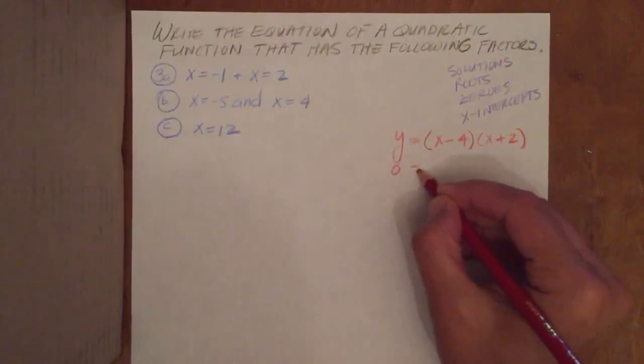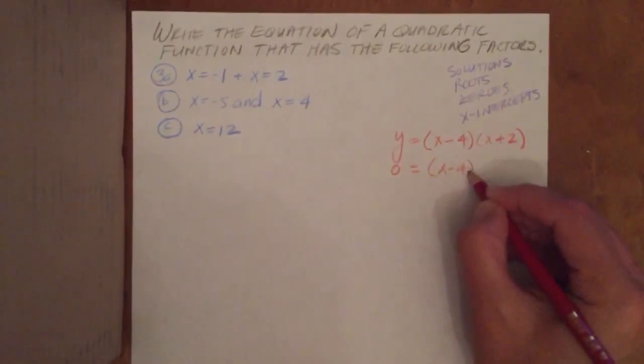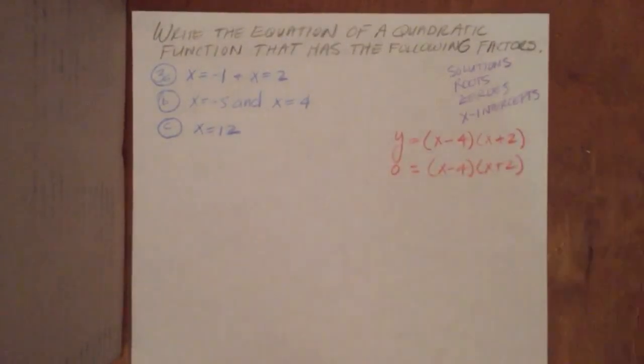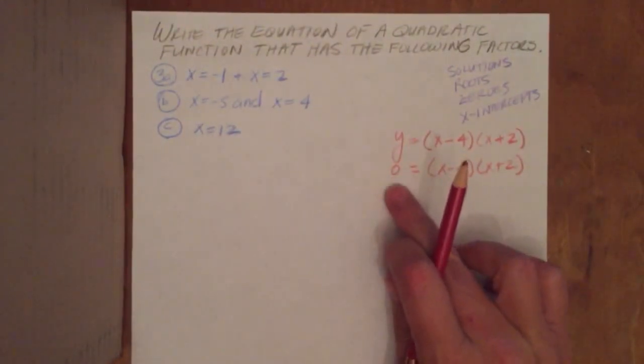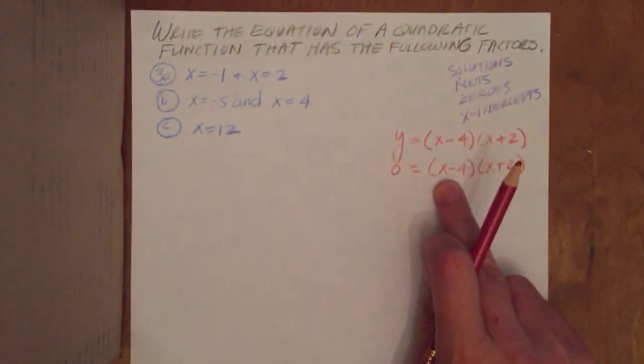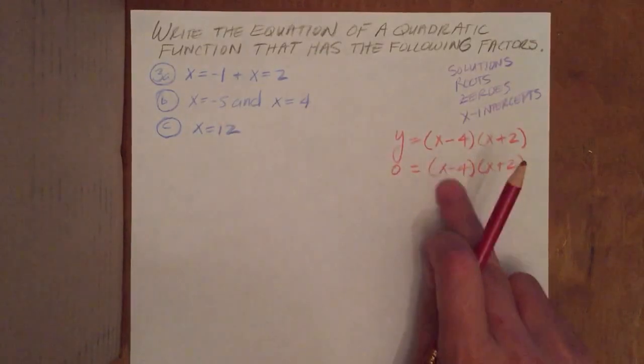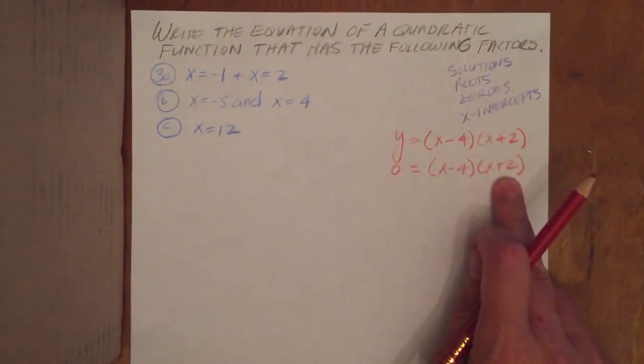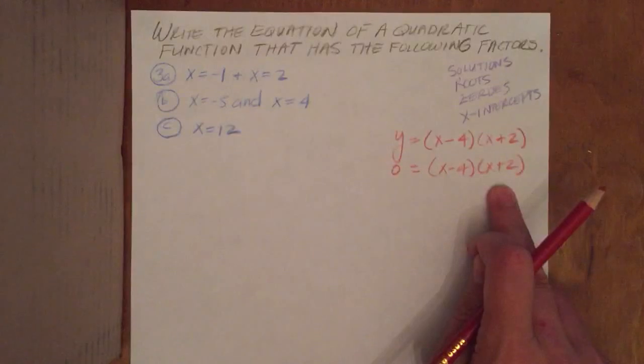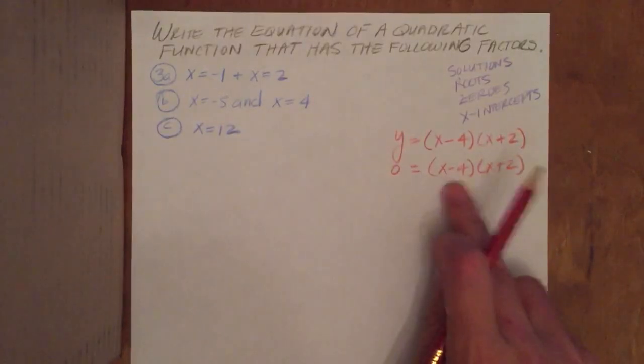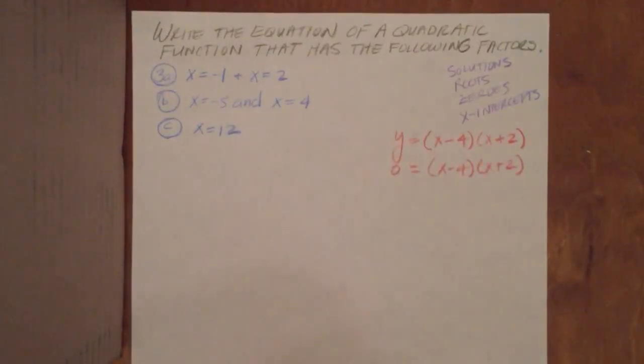We want this to present us with 0 as an answer. And in order for that to be 0, either this factor has to equal 0, because 0 times this will be 0, or this factor has to equal 0.